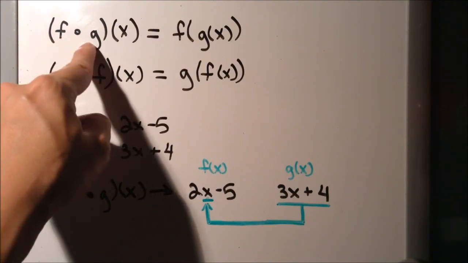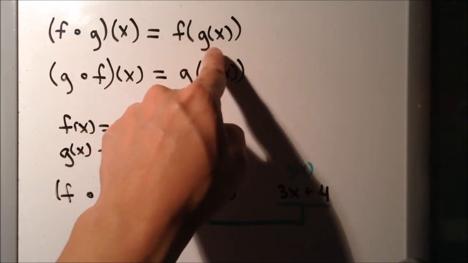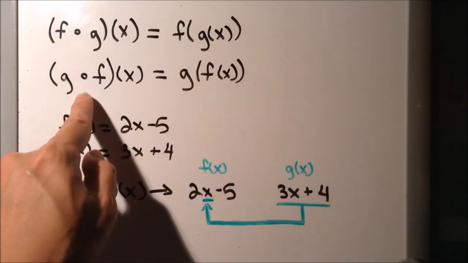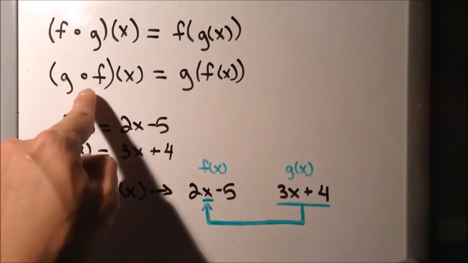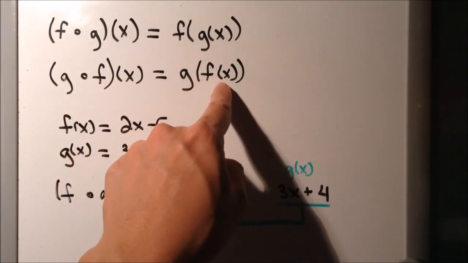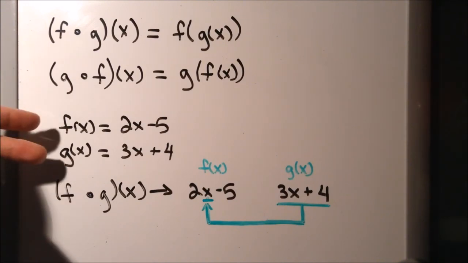So f of g of x means that g of x is inside of f of x. Here, g of f of x means that f of x is inside g of x. So composition means that you plug one function into another. Here are two examples.